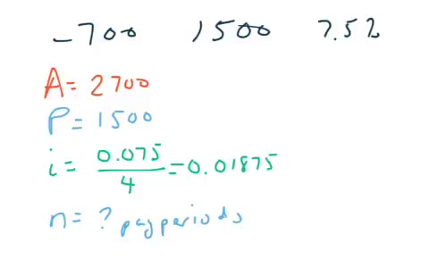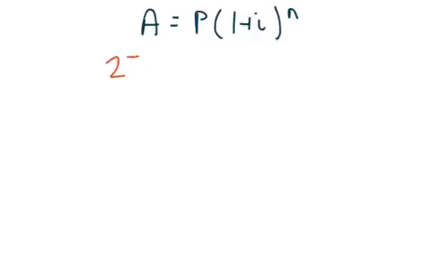So now, moving forward, we go on to the next slide. We know that the formula is A equals P times 1 plus i to the n. We've already identified the key components from the previous slide, so we're going to put them in where they belong. A is 2,700.